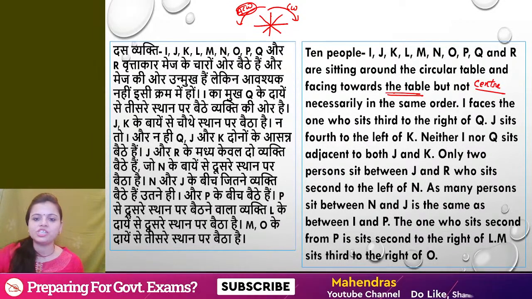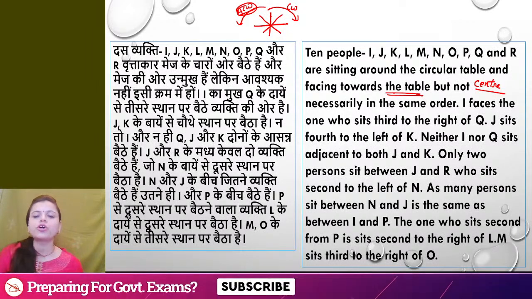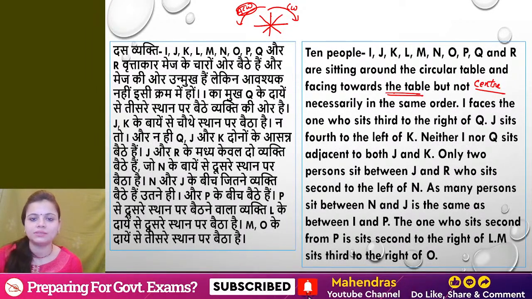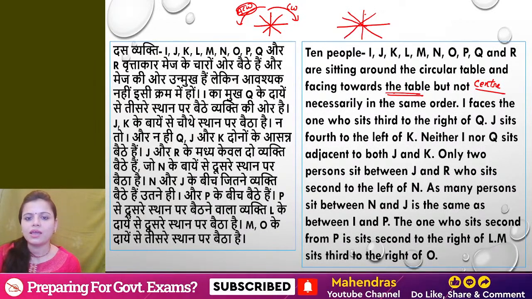Ten people: I, J, K, L, M, N, O, P, Q, R. First draw the positions of the 10 persons. How can you draw the 10 persons? Just draw 8 persons and one more line between them.